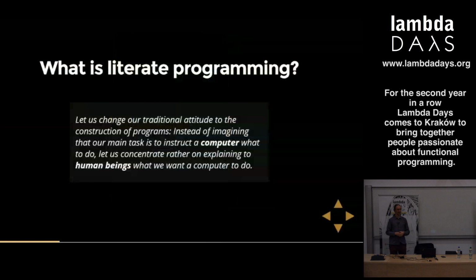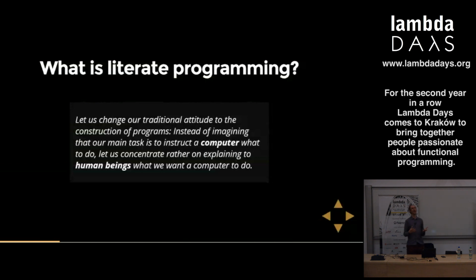And what he says here is, let us change our traditional attitude to the construction of programs. Instead of instructing the computer what to do, we should concentrate on making the human beings understand what the computer does.